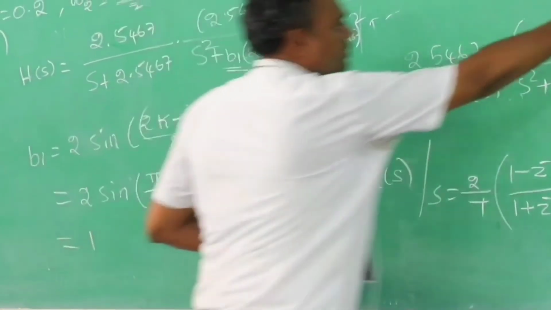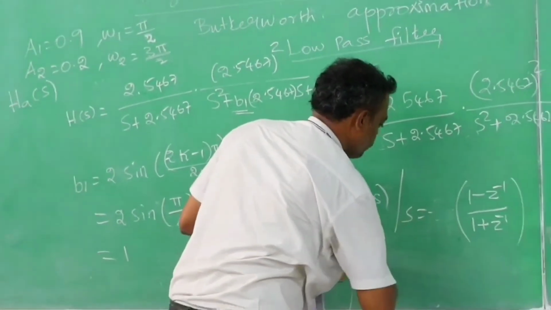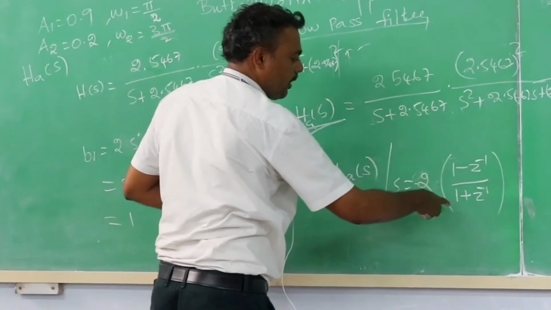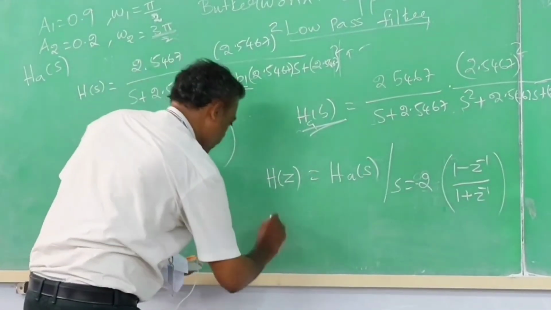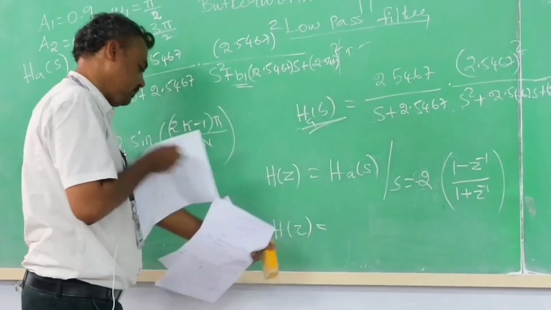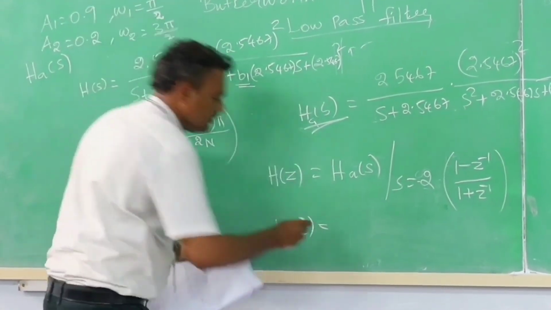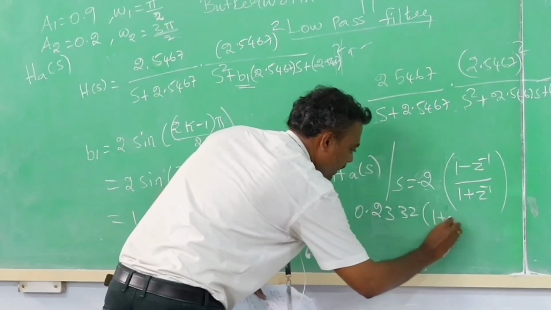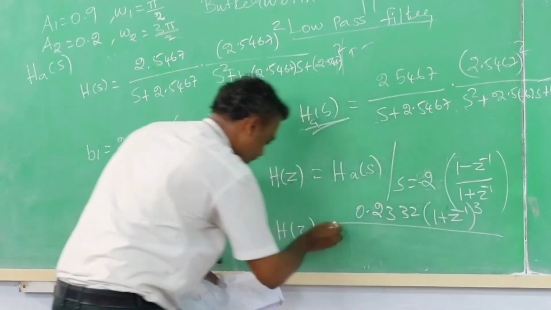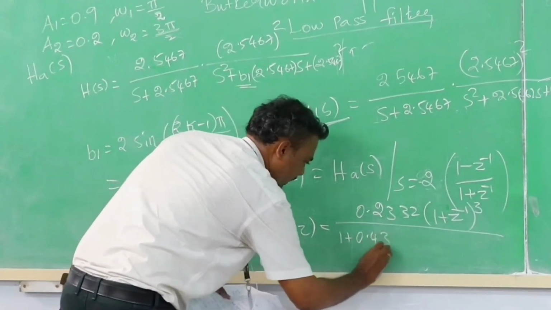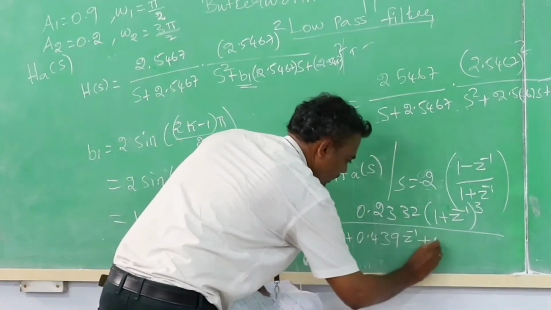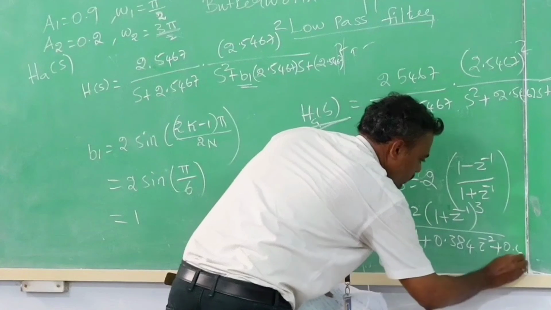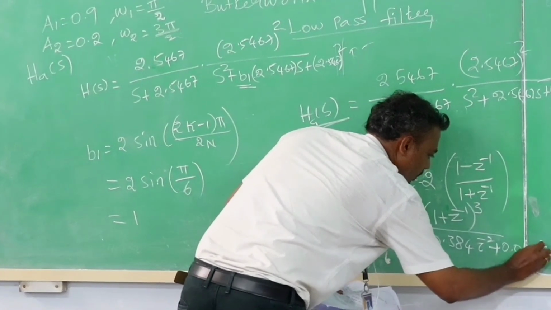Already the T value is 1, so here it is 2. Substituting s equal to 2 into (1 minus z power minus 1) divided by (1 plus z power minus 1), finally we get H of z equal to 0.2332 (1 plus z power minus 1) cubed divided by 1 plus 0.439 z power minus 1 plus 0.384 z power minus 2 plus 0.041 z power minus 3.